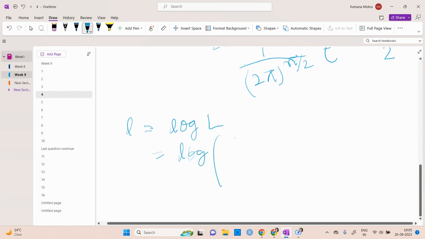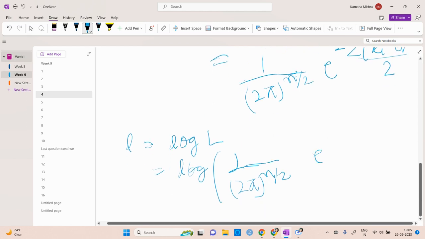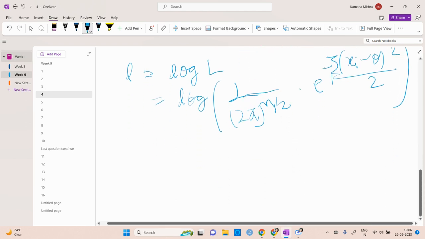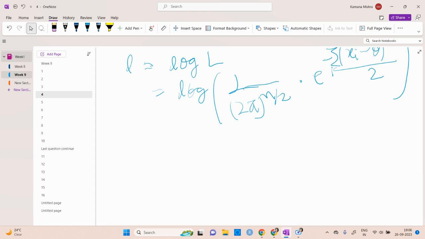So this is log of 1 upon 2 pi and by 2, e to the power minus (xi minus theta) whole square, summation over i. Now log of a times b is log a plus log b, and log of 1 upon a is minus log a, right? So this value will come out as minus n upon 2 log 2 pi.